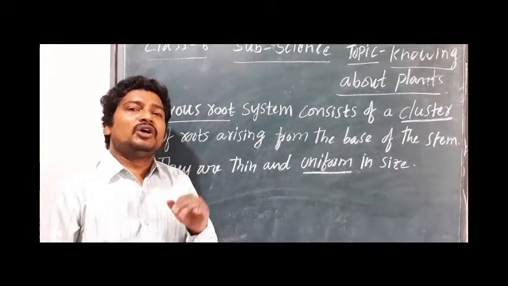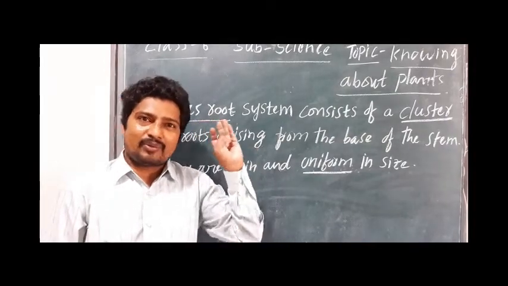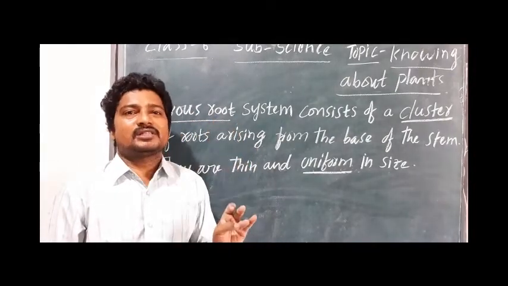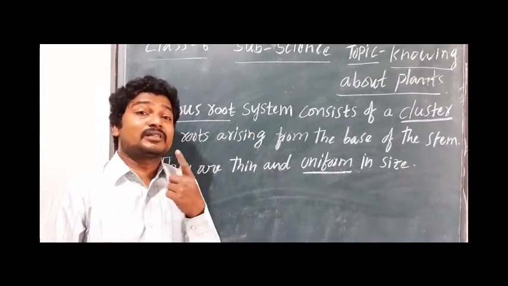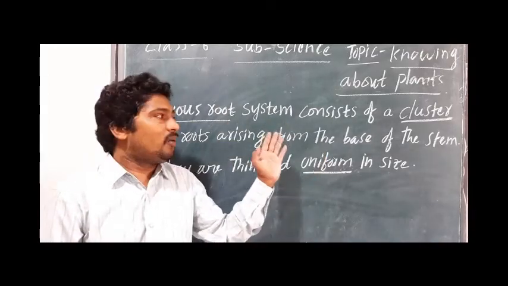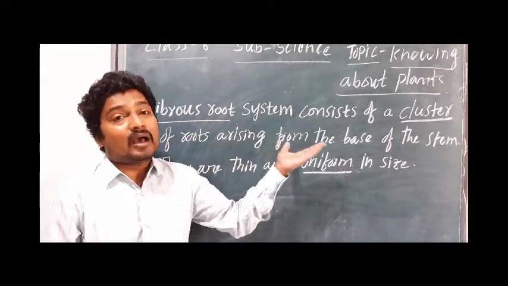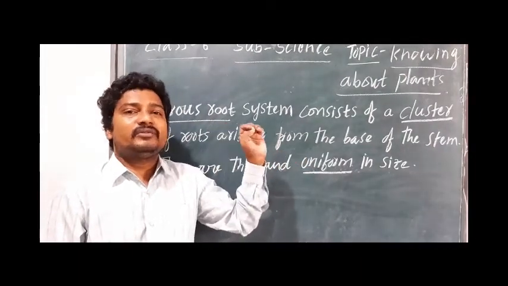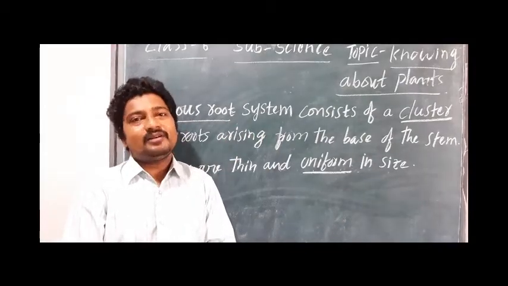Please go through once again everything I said about the taproot system and fibrous root system. In the next class I am going to explain the shoot system in detail, as I did for the root system. Have a nice day. Thank you.